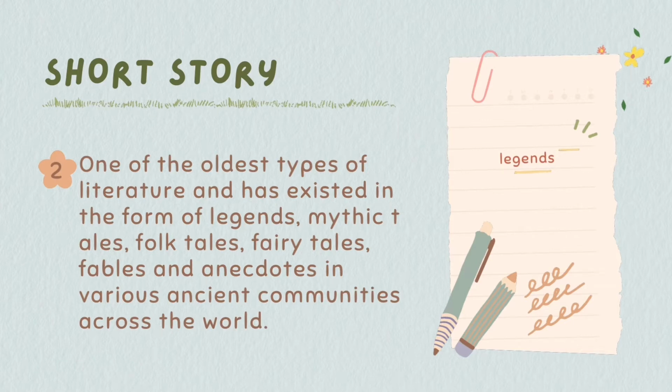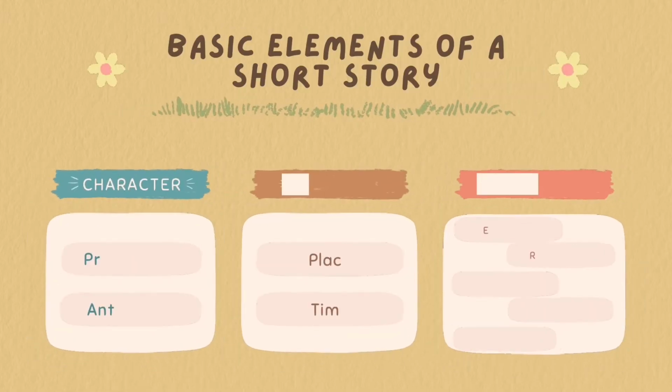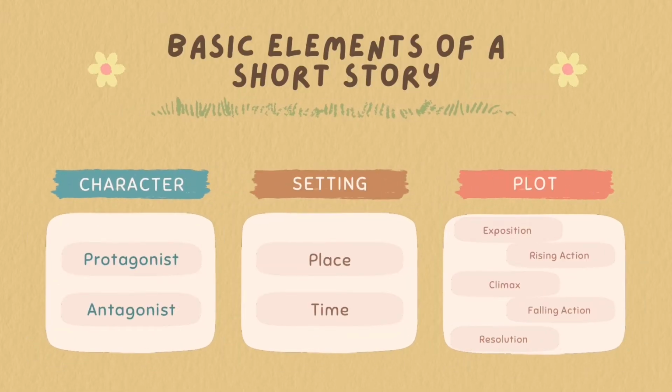Let us now proceed to the basic elements of a short story. First, we have character. It consists of protagonist and antagonist. Second, setting, where we have place and time. Third, plot, where we have exposition, rising action, climax, falling action, and resolution.